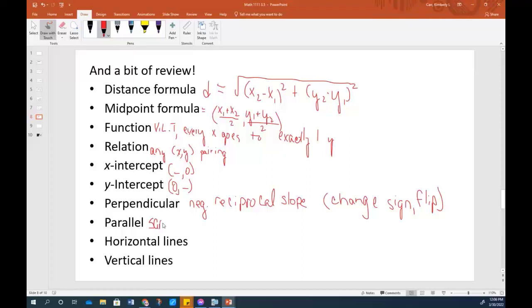Parallel lines have the same slope. Horizontal lines have a slope of 0, and the equation of a horizontal line is y equals a number. Vertical lines have no slope, or the slope does not exist, it's undefined. And the equation of a vertical line is x equals your number.